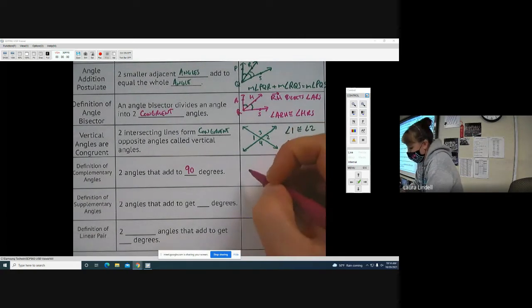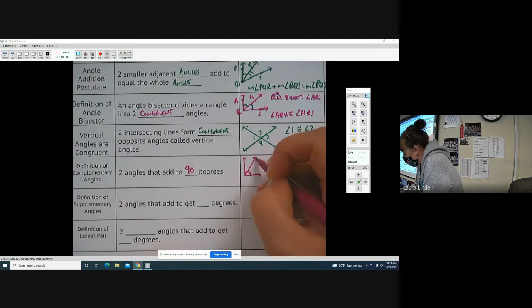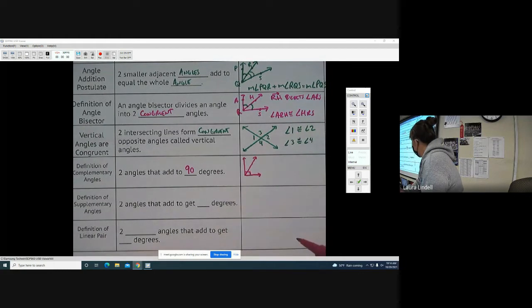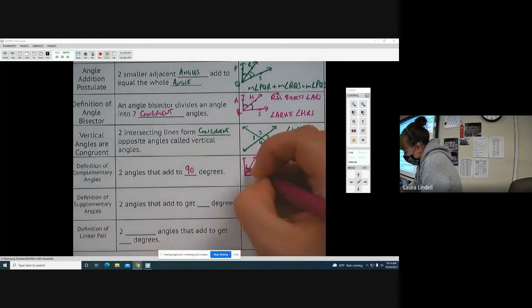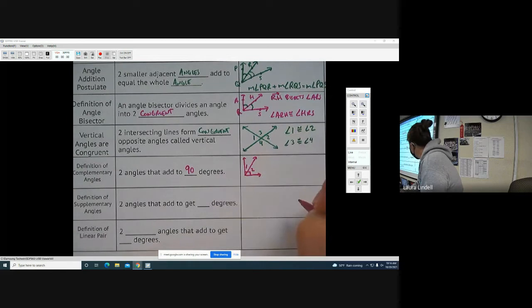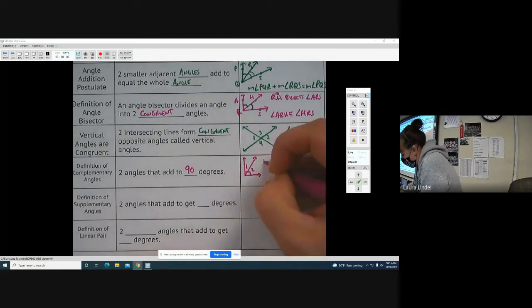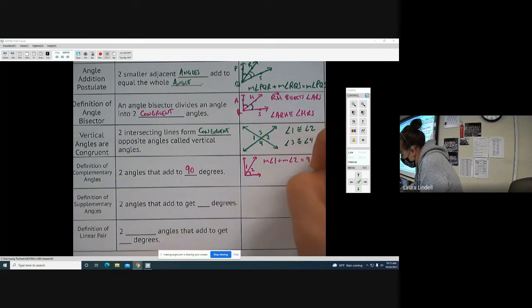So there's a couple ways you can see complementary. You could see it if there's like a right angle, and it's split into 2 angles, maybe angle 1 and angle 2. You could say that the measure of angle 1 plus the measure of angle 2 equals 90.